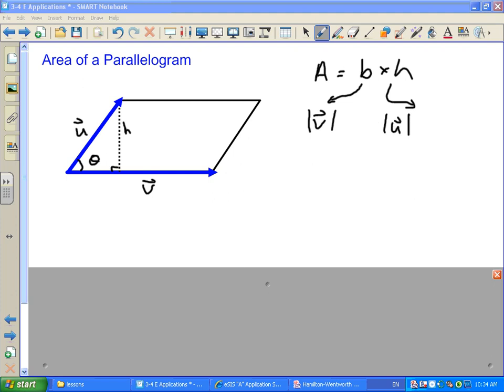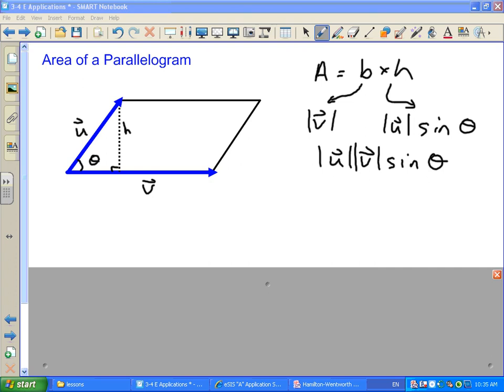If we want to find the y component of u, we take the magnitude of u, and what do we multiply by? We've got hypotenuse, we want to find opposite, yeah, we want sine. So the height here is represented by the magnitude of u times sine theta. So if we put this together, we get magnitude u, magnitude v, sine theta.